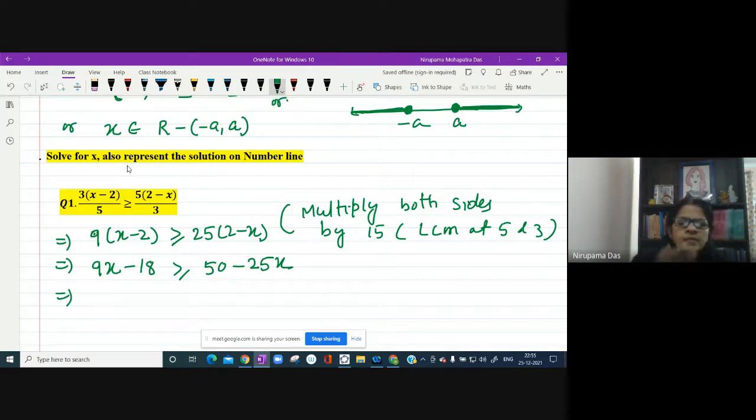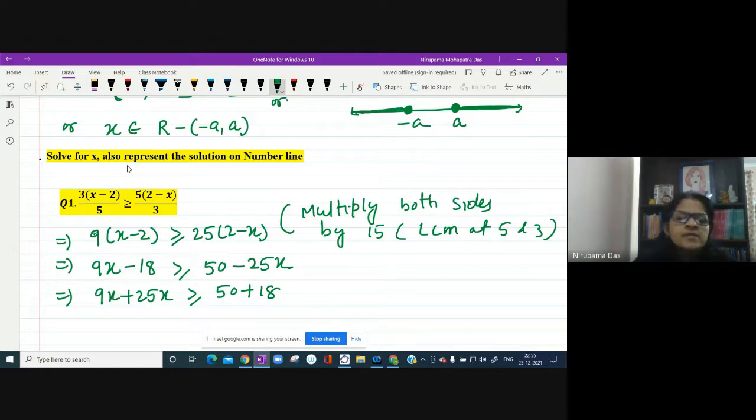At this stage, bring the variables to one side. So 9x plus 25x is greater than or equal to 50 plus 18. So we have eliminated the denominator by multiplying both sides by the LCM of 5 and 3.